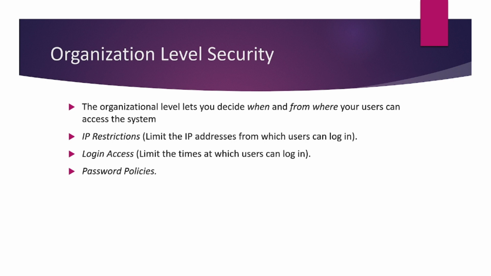Organization level security. Under this security, it decides when and from where a user can access the system. Many foreign companies have branches outside India, but people are working from India itself.